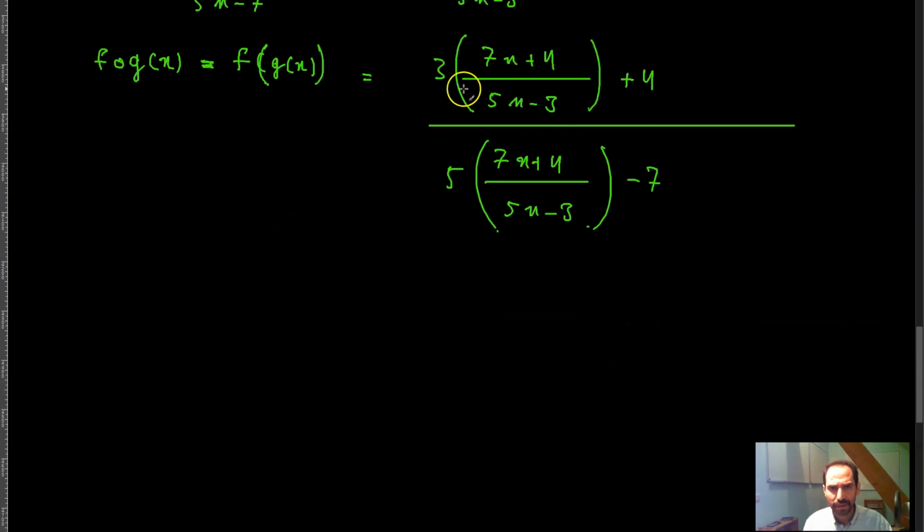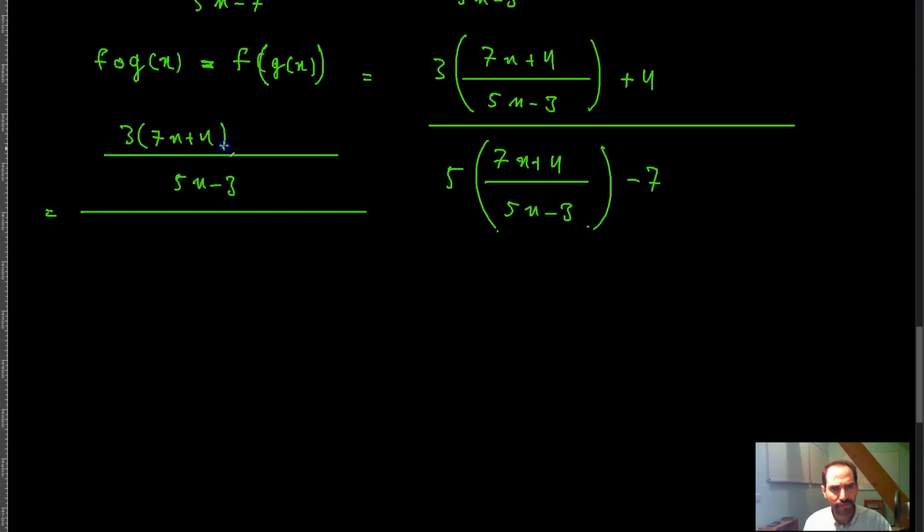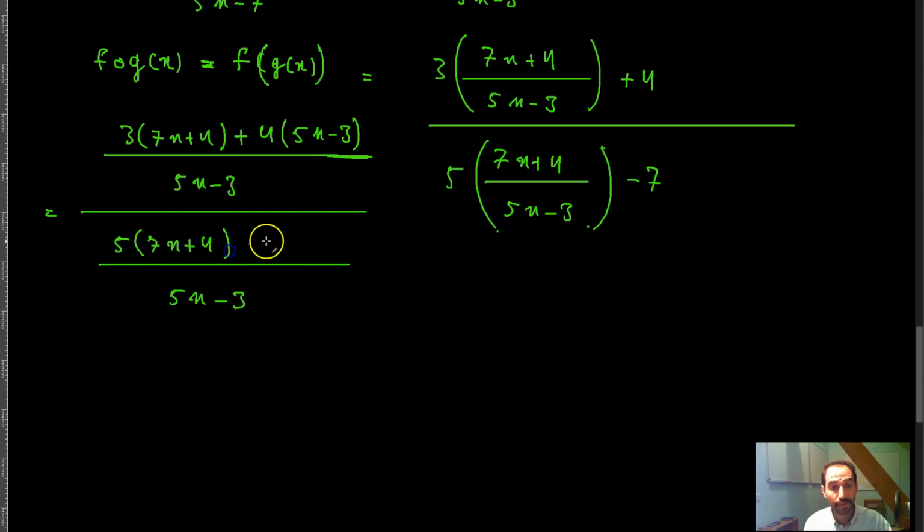And that gives you, I can take the LCM 5x minus 3 here, and then that becomes 3 times (7x plus 4) plus 4 times (5x minus 3), and over here you have 5 times (7x plus 4) minus 7 times (5x minus 3), and then these two will be cancelled out.